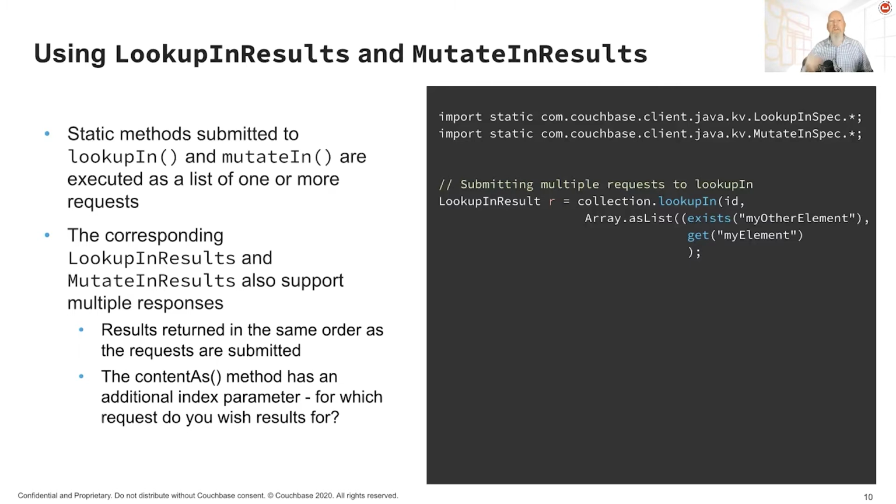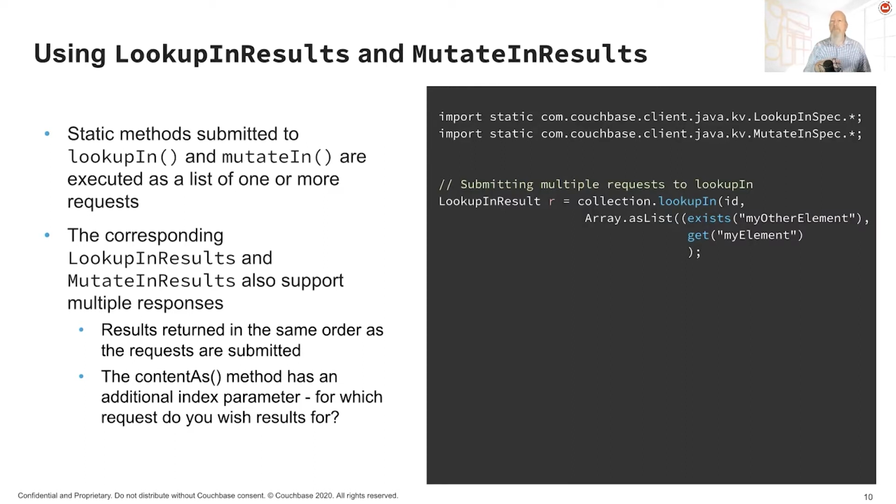That's an easy way to think about it. Essentially, because the second argument to lookup in is an array of operations, and in this case I'm performing an exist and a get in that order, we will get results back for each one of those operations also as an array.